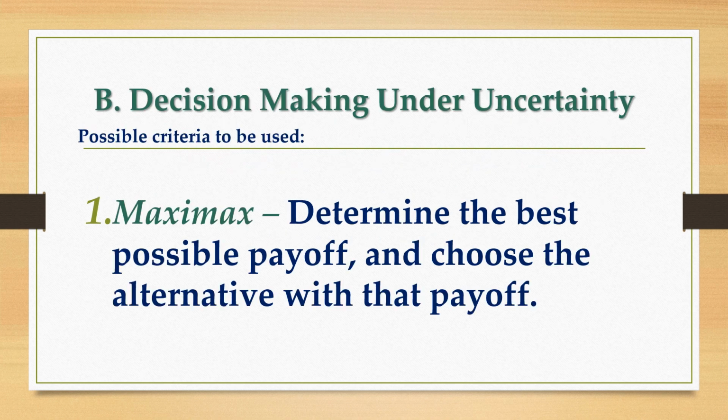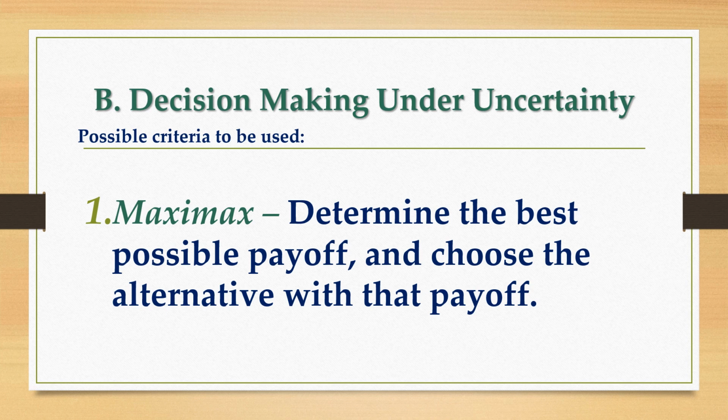Under this type of environment, we could use any of the 4 criteria. So the first criteria is the Maximax Criterion, wherein you determine the best possible payoff and choose the alternative with that payoff. So under Maximax Criterion, we are considered as a positive thinker, an optimistic decision maker.